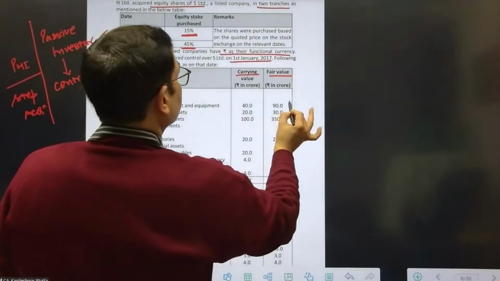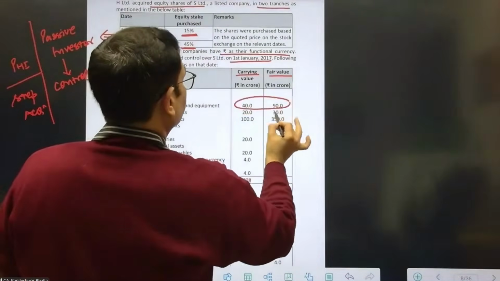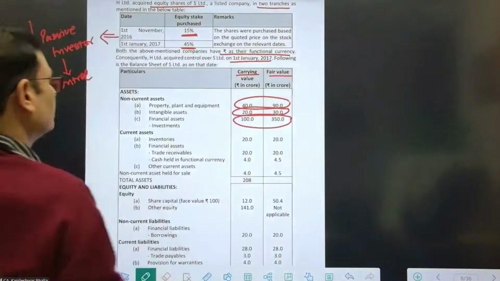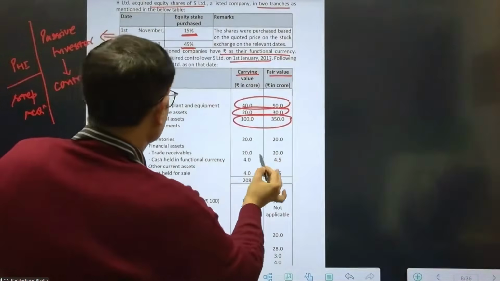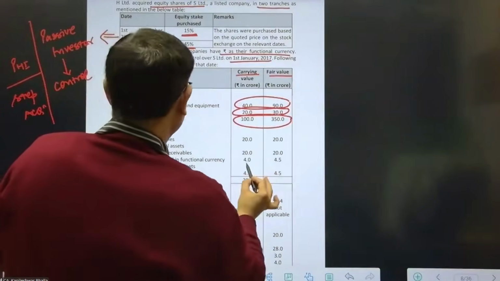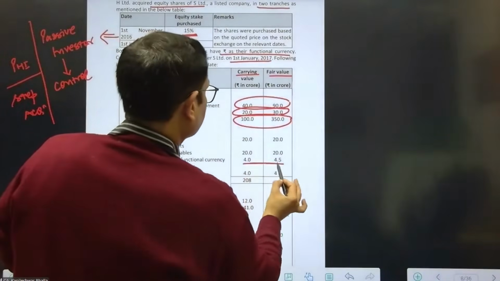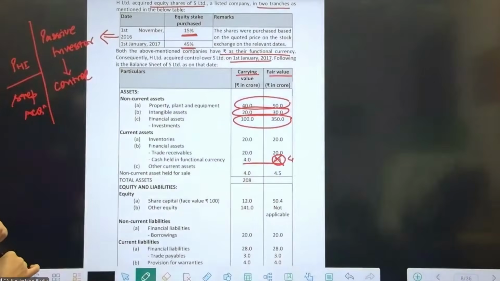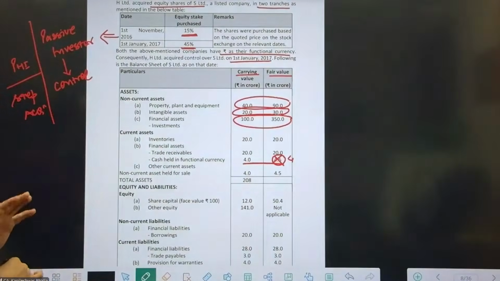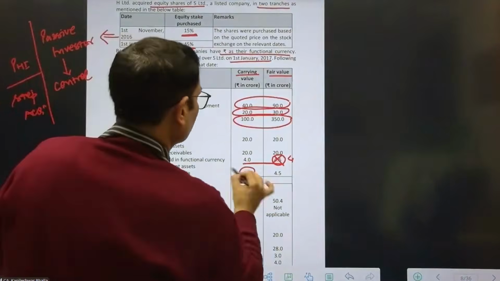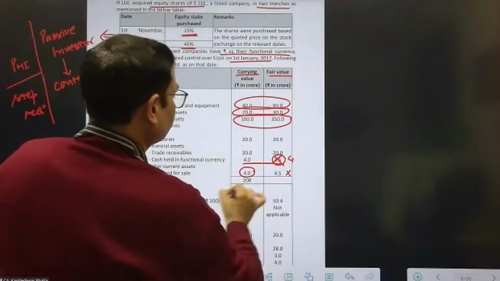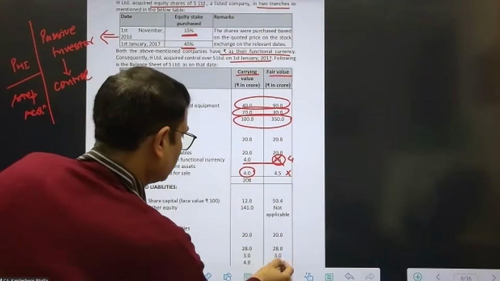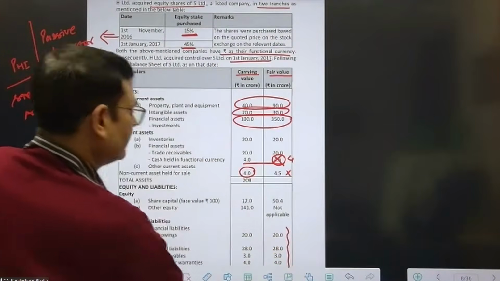So this is one item, this is another item, and this is another item where it is different. All this is the same. I don't know why the cash is given differently. It seems to be a misprint. So you can take this as 4. I think non-current assets will continue to be 4 only. We will not take this as 4.5. So I guess the rest of the figures are all the same. So there is no difference out here as well.